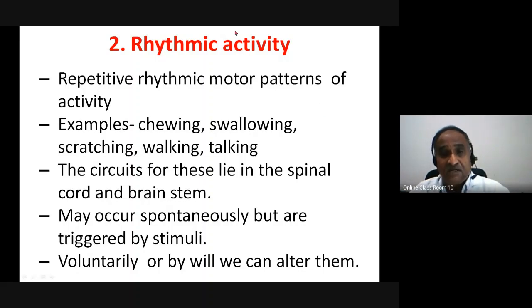Now, rhythmic activity in case of the skeletal muscles means repetitive rhythmic motor patterns of movements, just like dancing. In the dancing sequence, he has to move the upper limb and the lower limb in a definite pattern. So that is the repetitive rhythmic motor activity.